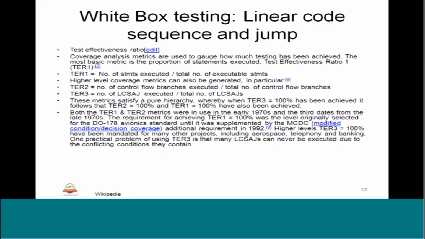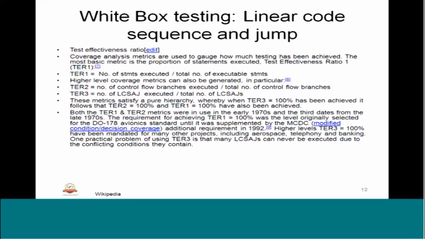These metrics satisfy a pure hierarchy whereby when TER3 is 100% achieved, it follows that TER2 should be 100% and TER1 should be 100%. So the aim is to have TER3 at 100%, so that the number of LCSAJs executed divided by total number of LCSAJs becomes 100%. This is a very traditional, old method.